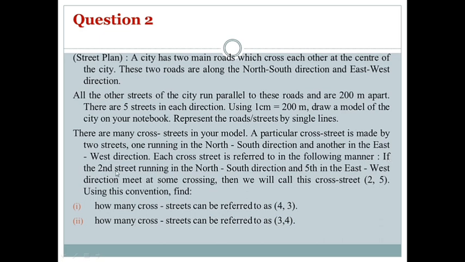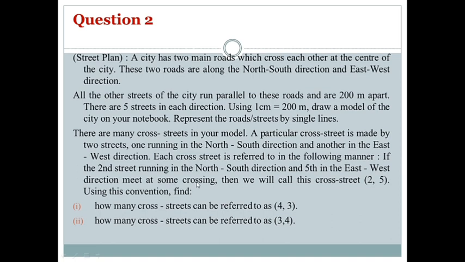If the second street running in the north-south direction and the fifth in the east-west direction meet at some crossing, then we will call this cross street 2, 5. So here it is given there is a second street in the north-south direction and a fifth street in the east-west direction.